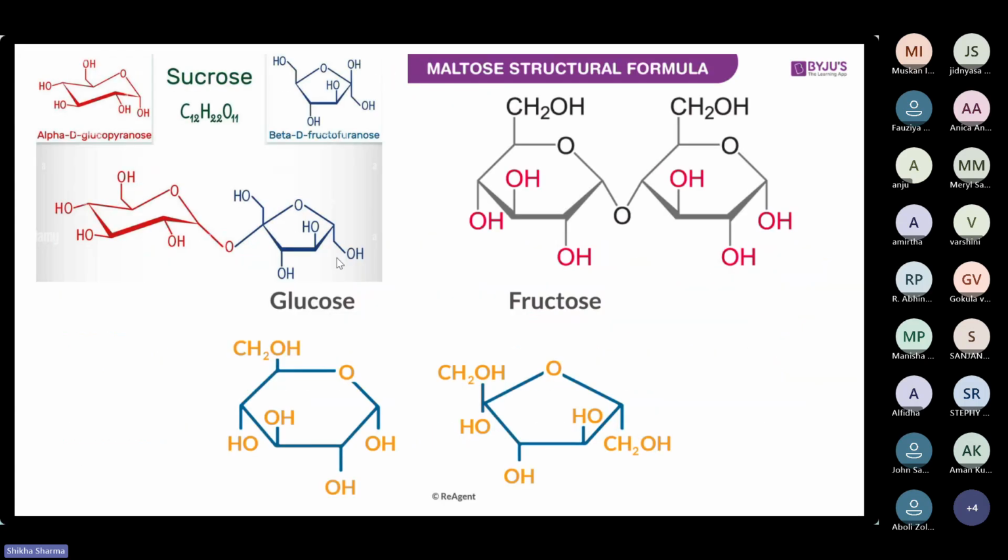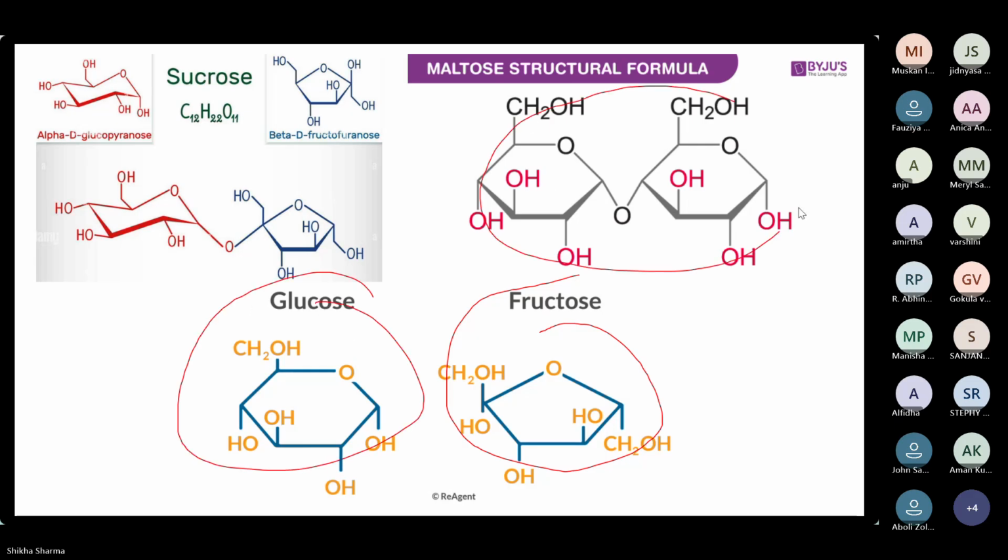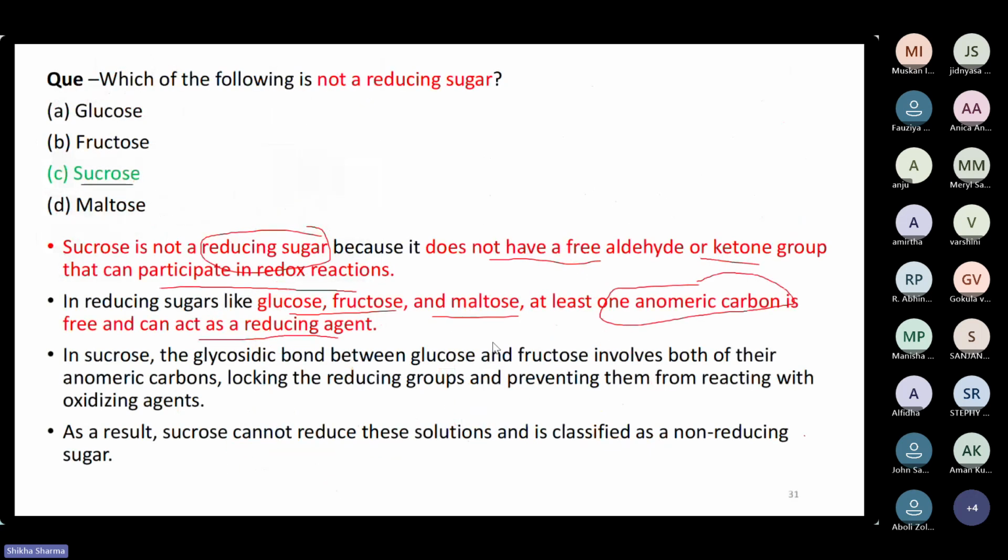Like if we see in this diagram, this is the fructose. In fructose, glucose, and maltose, we have free anomeric carbon groups which will participate in the reduction or redox reactions.